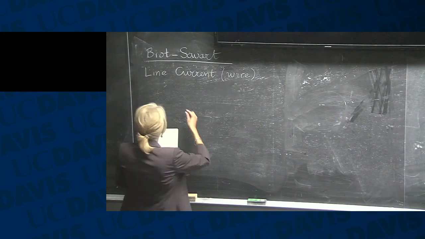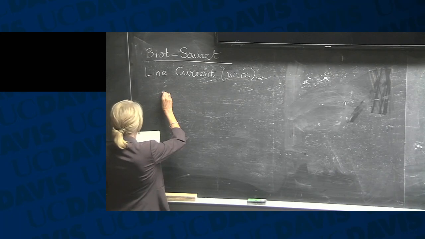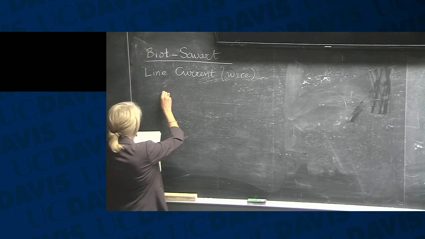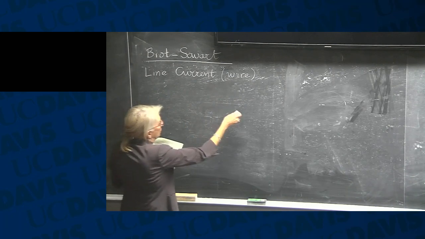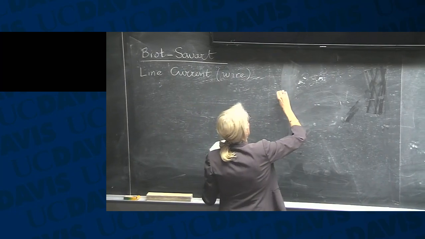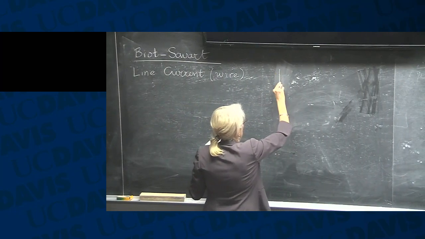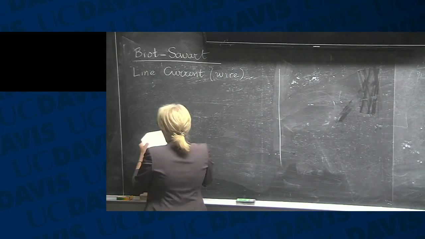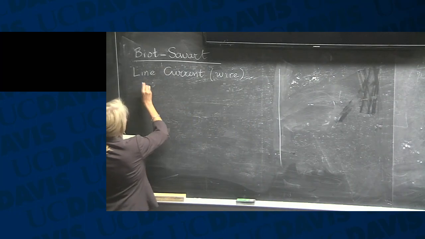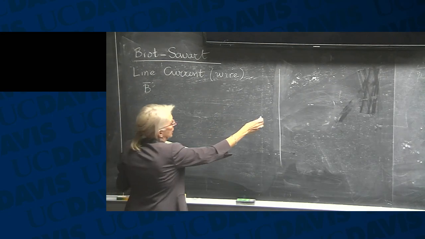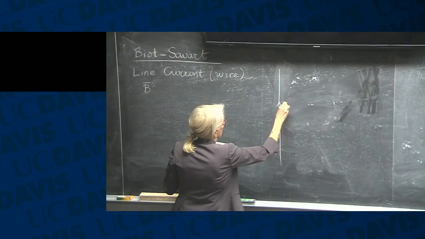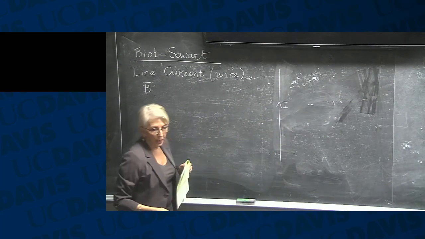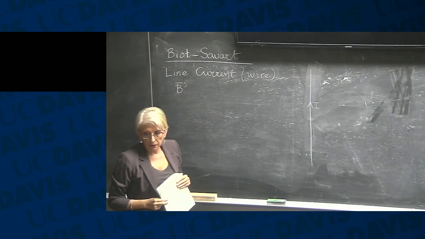All right, so that says the following, that if I have a current that flows, let me do this current. This is an infinite wire. We have that B is created, so this current I creates a magnetic field, all right?